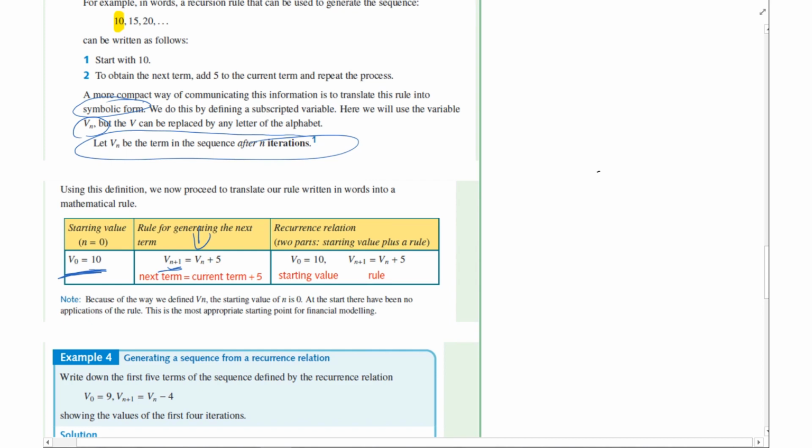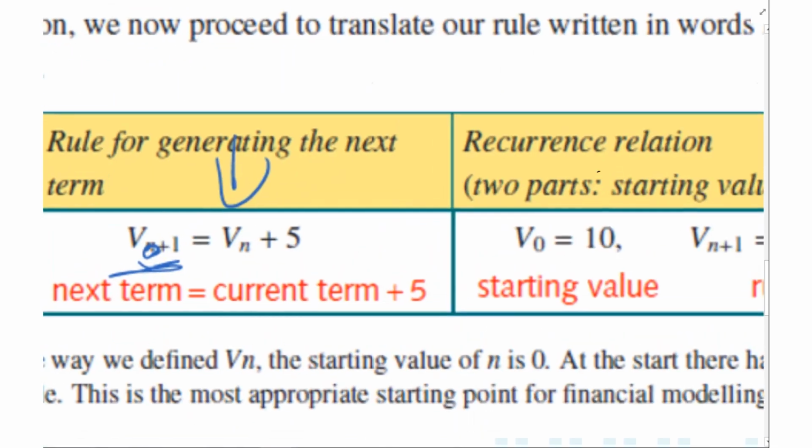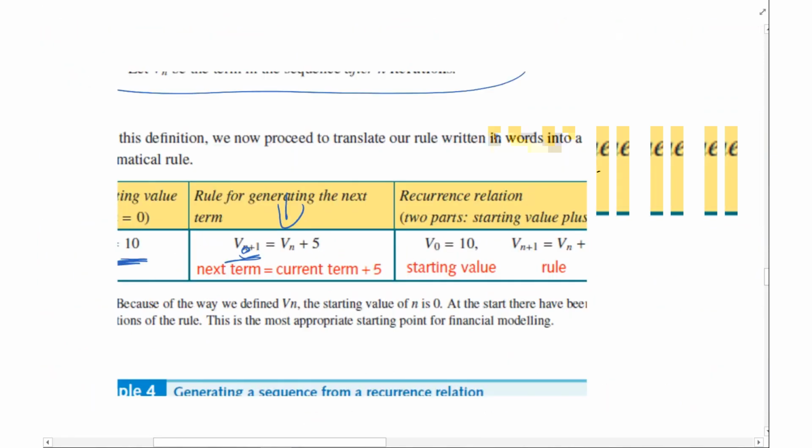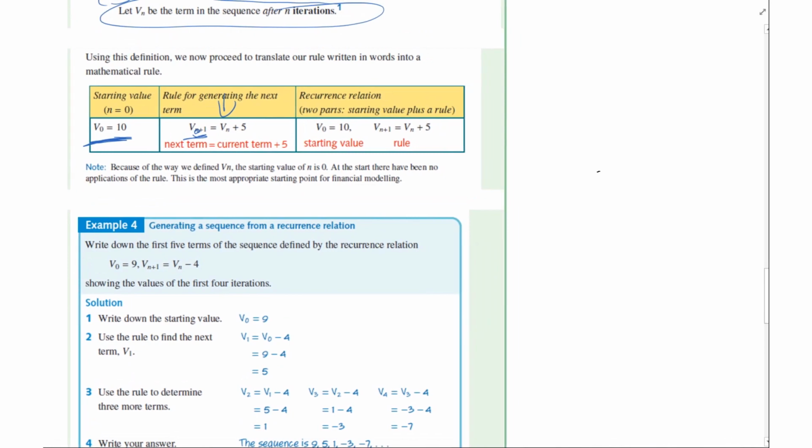I go 10 plus 5, I get 15. So that goes a 0 in there, so it becomes 0 plus 1. So V1 will be 15.